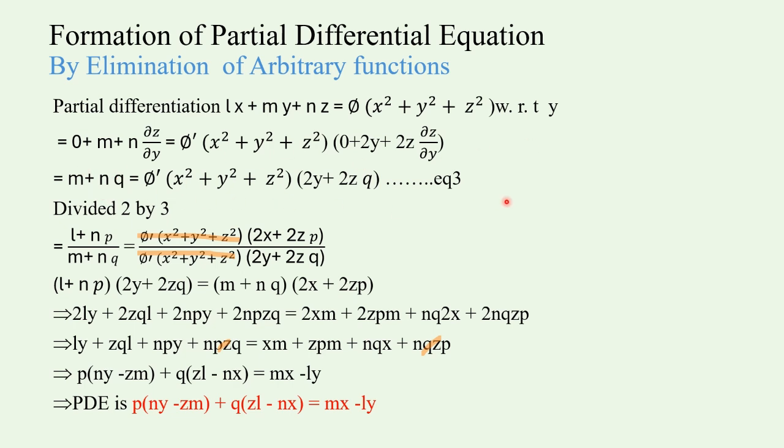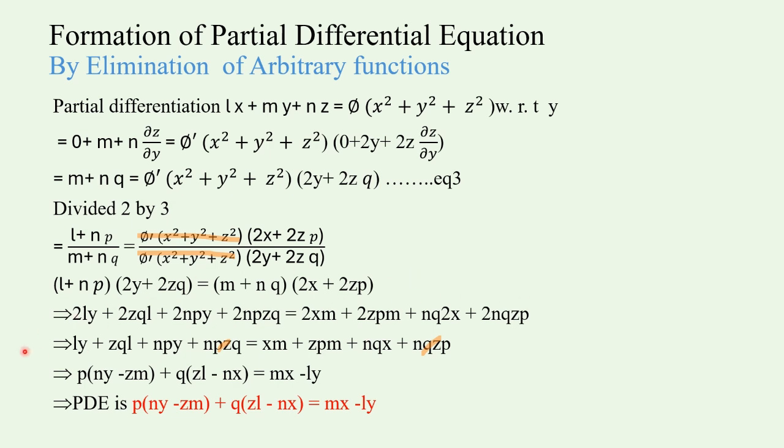Now divide equation 2 by equation 3. So we get this. This term and this term get cancelled, so we are left with this and this. Now cross multiply these two. We get this. Then multiply each term and simplify it. We get this.